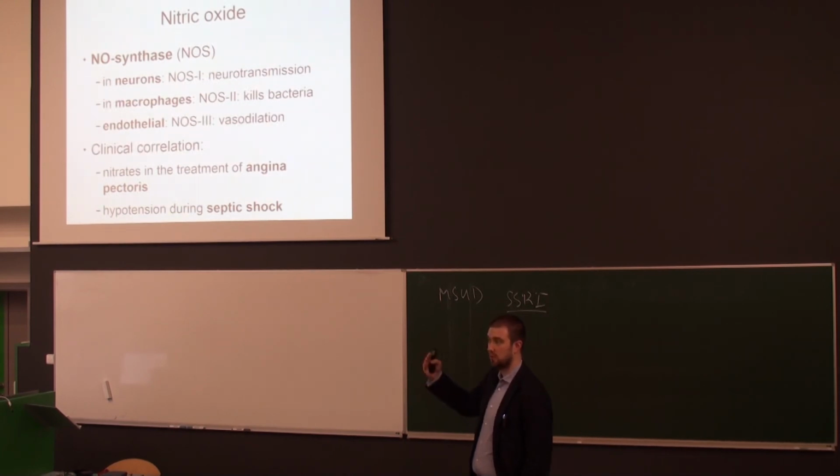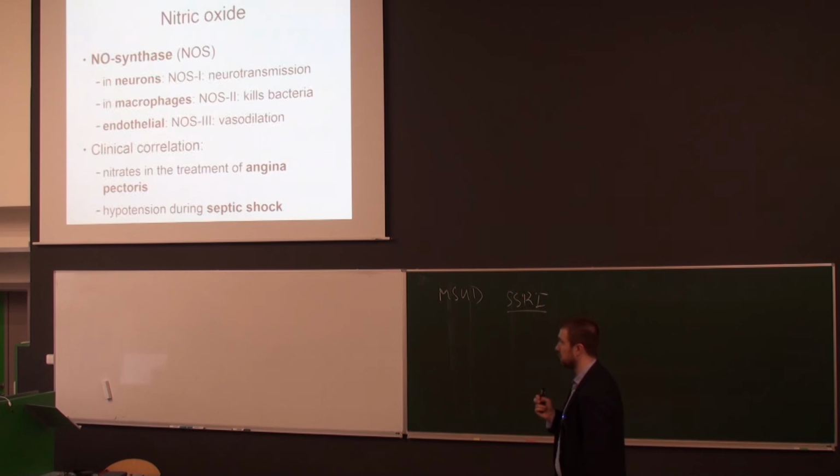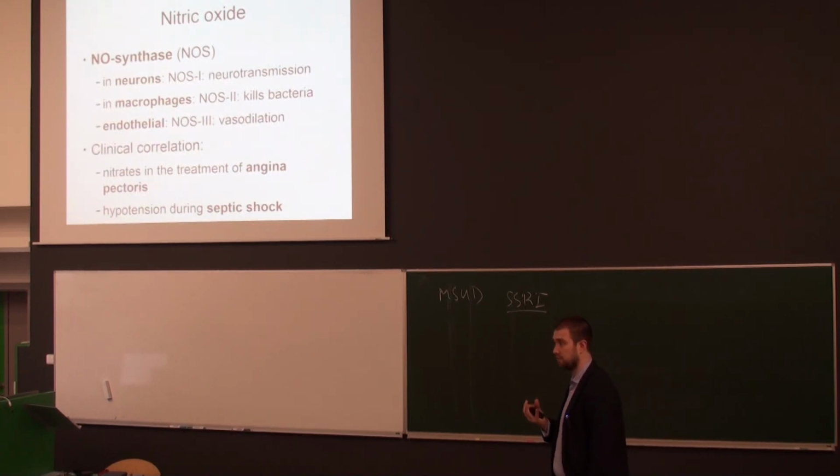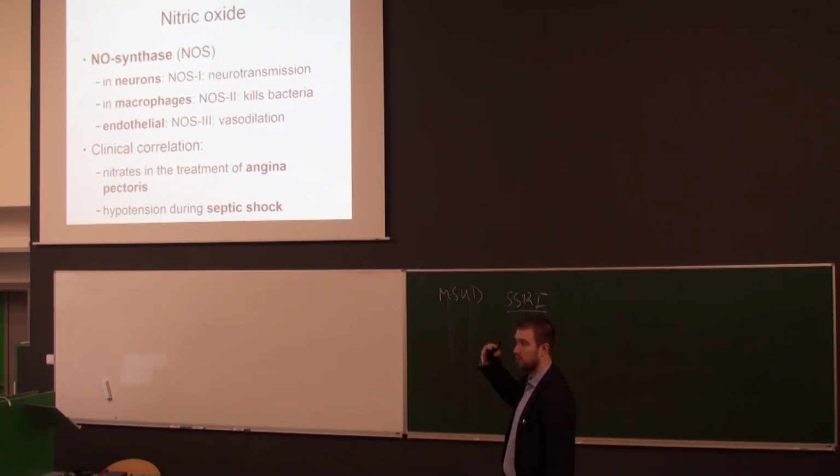So when you have the pathogens, you want to destroy them by the immune cells. But unfortunately, this nitric oxide will also modulate the vascularization. And if you have overproduction of nitric oxide, the result will be hypotension.